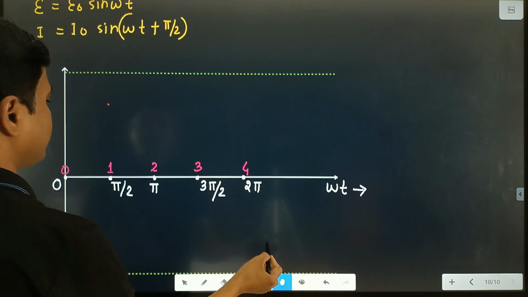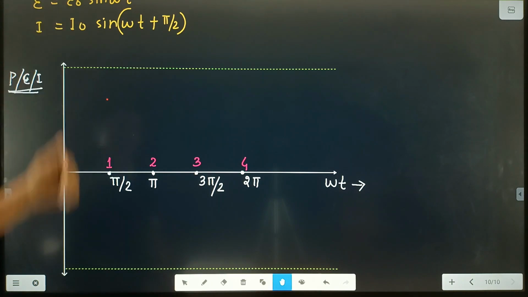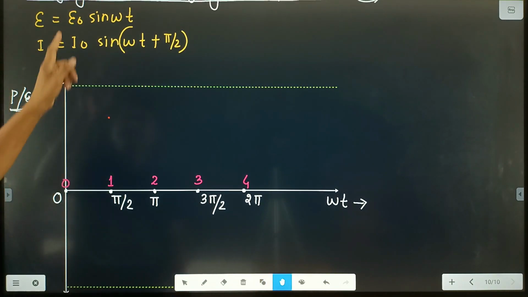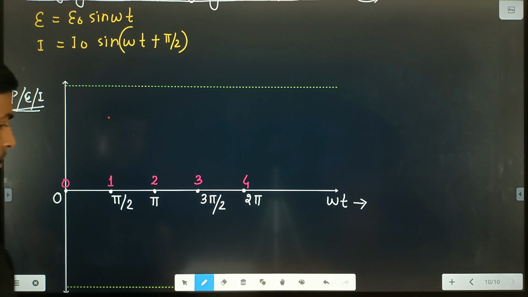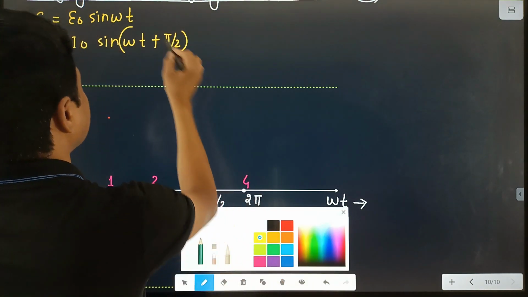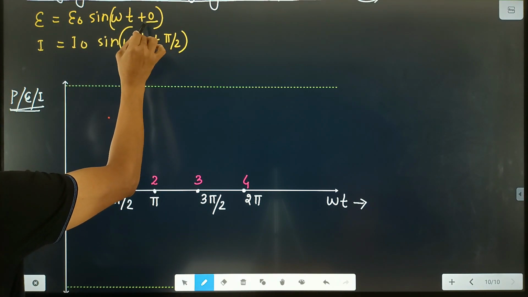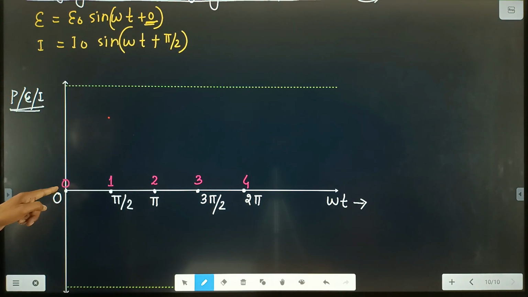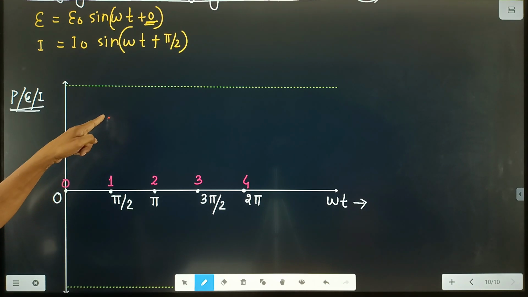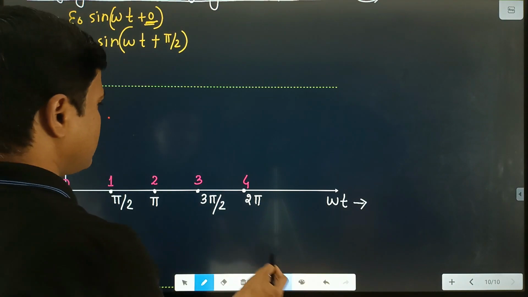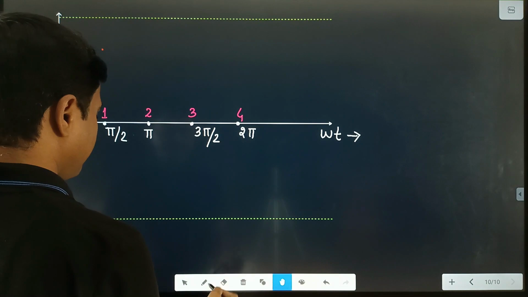This is the equation of EMF: E is equal to E0 into sin omega t. E is equal to E0 into sin omega t means this is omega t plus 0. That means the EMF's initial phase is 0. EMF is starting from point 0. Suppose this is the maximum value. Clear? And we draw the graph.